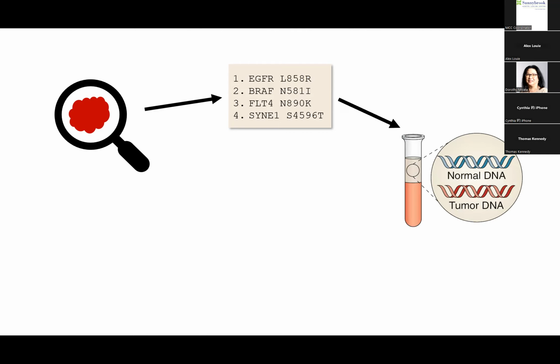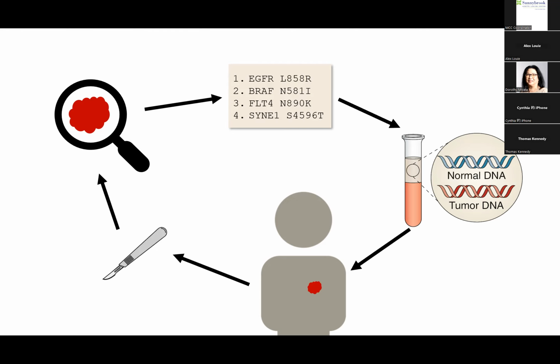This assay can then be used with a lower limit of detection to monitor the patient. Unfortunately, this leads back full circle to requiring taking out the tumor, or at least a sample, prior to being able to analyze it for those mutations that we are looking for. And so it is somewhat putting the cart before the horse.